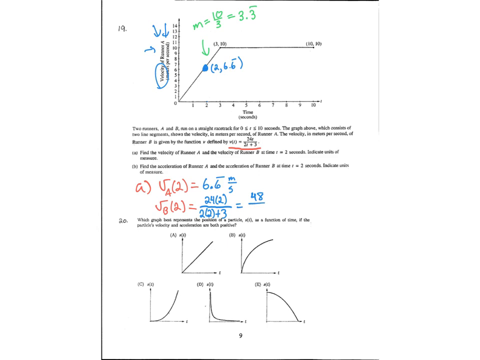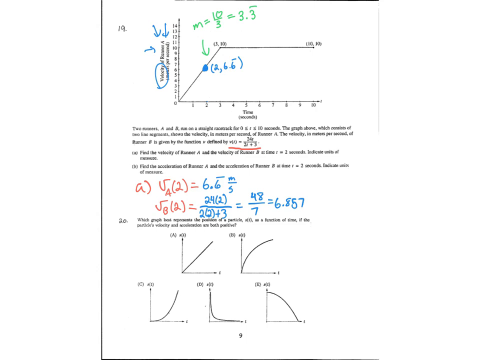And then 2 times 2 is 4. 4 plus 3 is 7. So 48 divided by 7, I'm going to reach for a calculator there, is 6.857. So those are our two velocities of the runners.